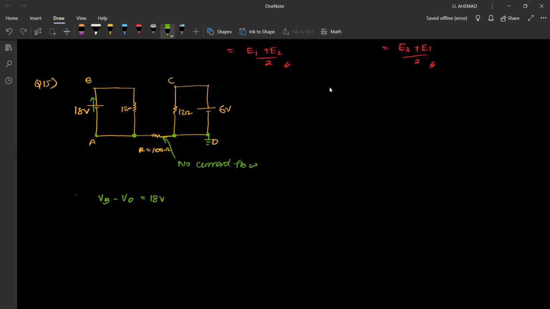So first statement is correct. Second, they say, sorry, do you all know what is the voltage here? Can you check?